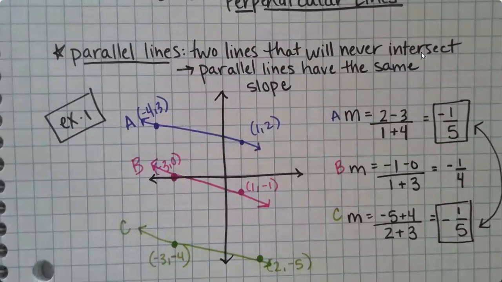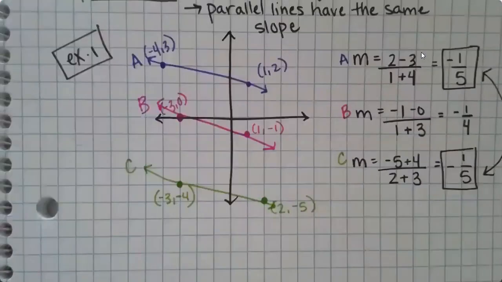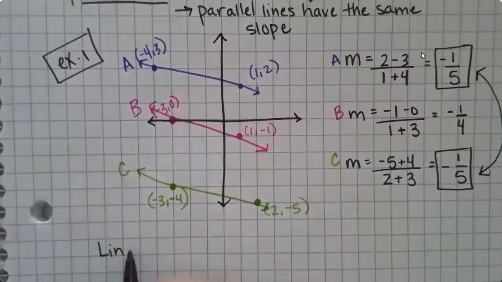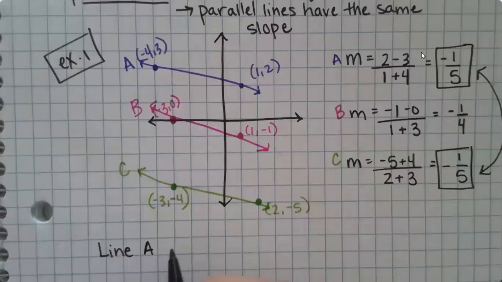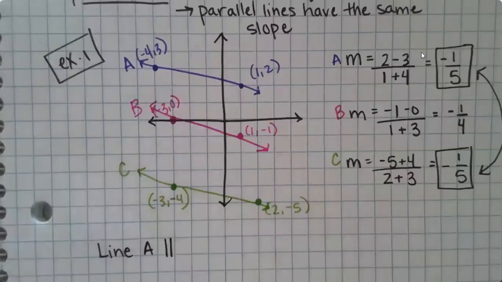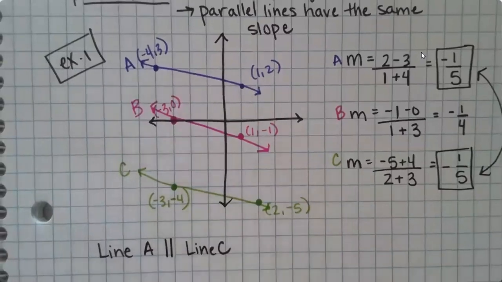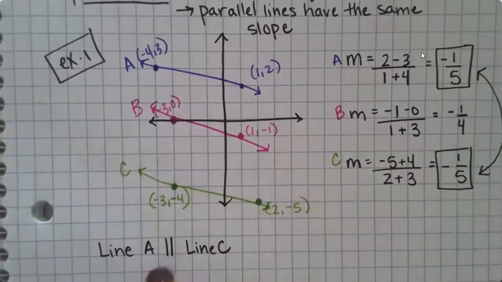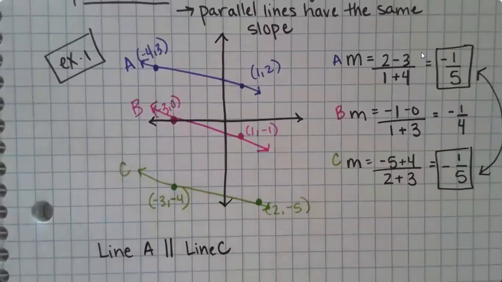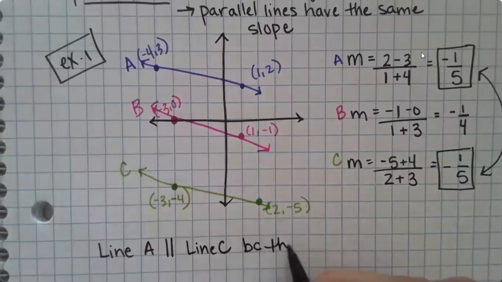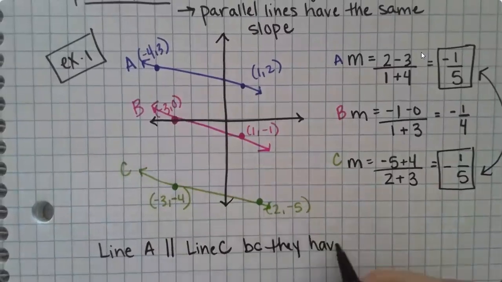So they are parallel. So we would write this. Line A, we can use this symbol, 2 long lines, is parallel to line C, or you can write is parallel to, but this is sort of the geometric symbol that means parallel. Line A is parallel to line C because they have the same slope.